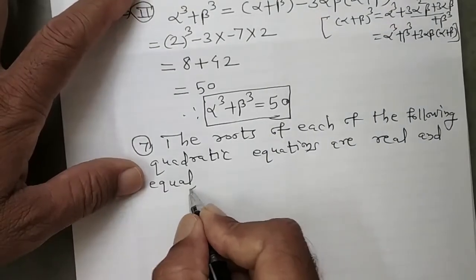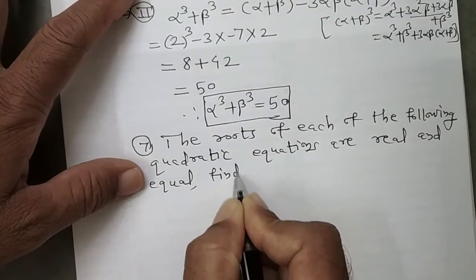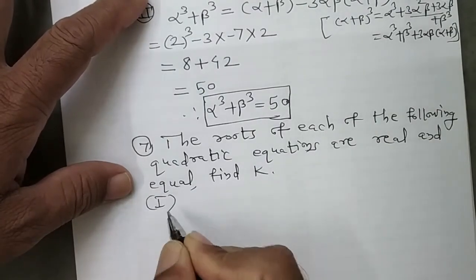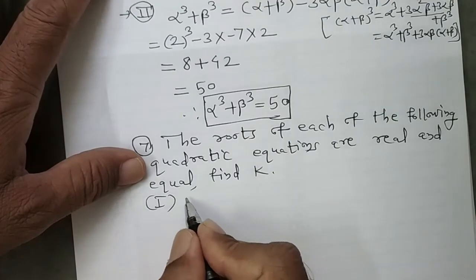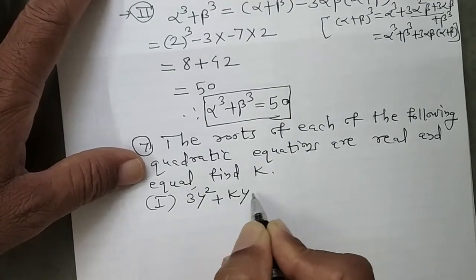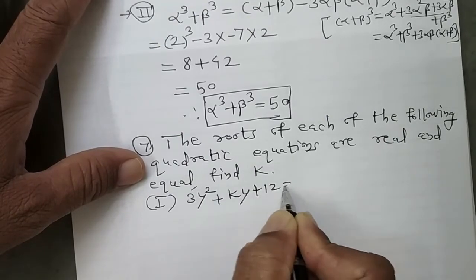Find k. Now write down the first example: 3y square plus ky plus 12 is equal to 0.